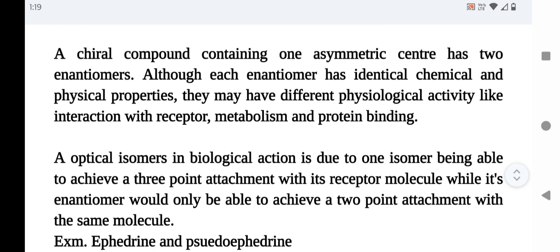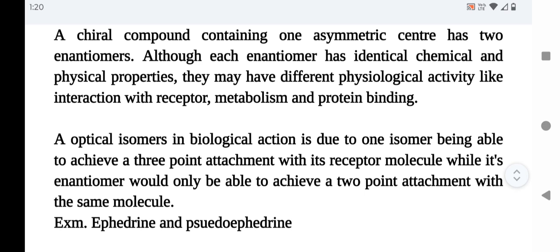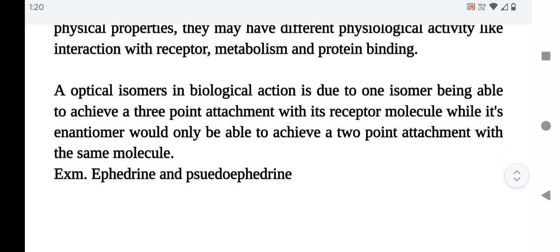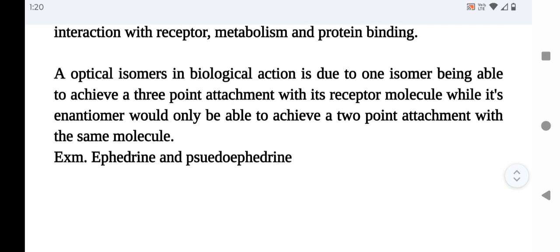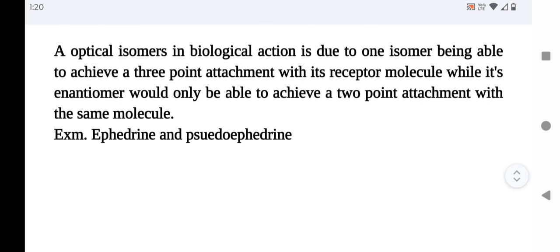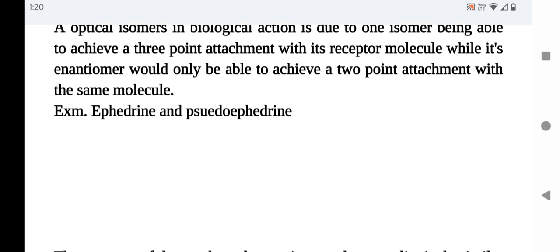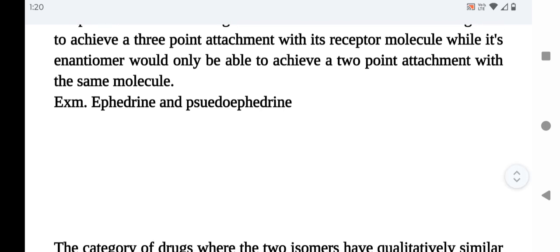They may have different physiological activity like interaction with receptor, metabolism and protein binding. Optical isomers differ in biological action due to one isomer being able to achieve a 3-point attachment with its receptor molecule, while its enantiomer would only be able to achieve a 2-point attachment with the same molecule.